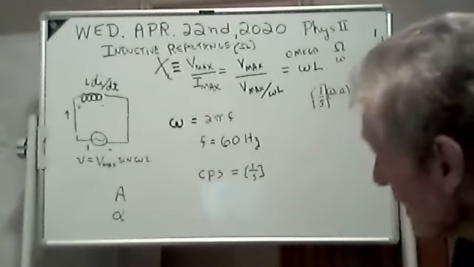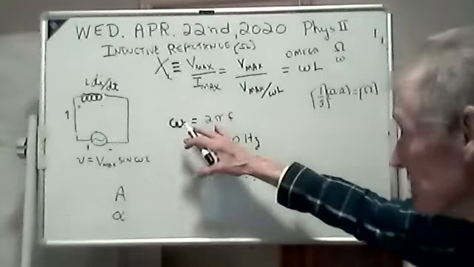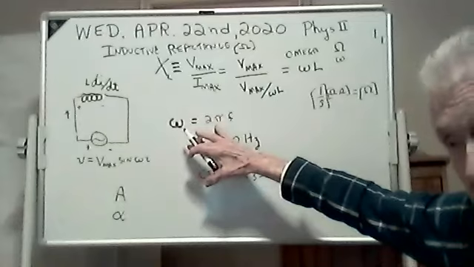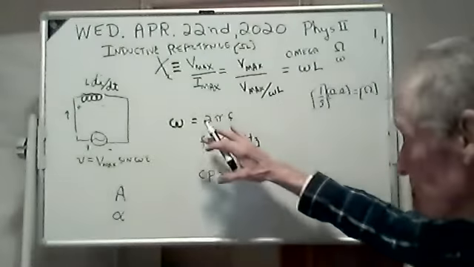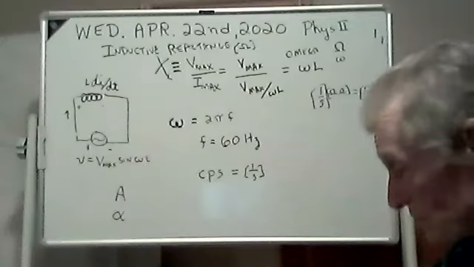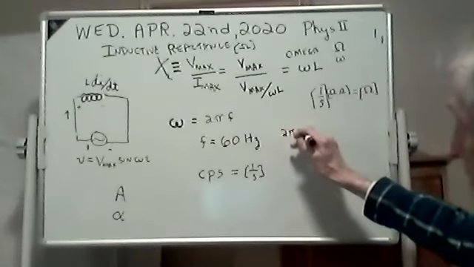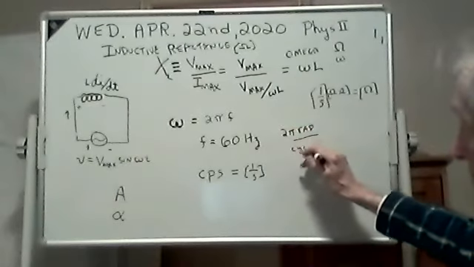Now, if you want to know the radians per second, each cycle is 2 pi radians. You guys know that. 2 pi radians in a circle, and you multiply by the frequency, the cycles per second. Look here, 2 pi radians per cycle.